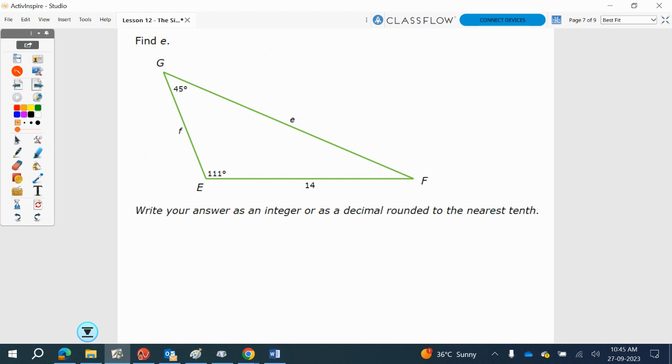No. E over what? What's the rule called? E over sine 111 is equal to 14 over sine 45.